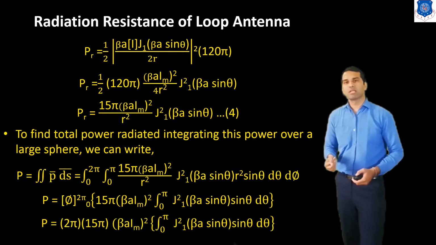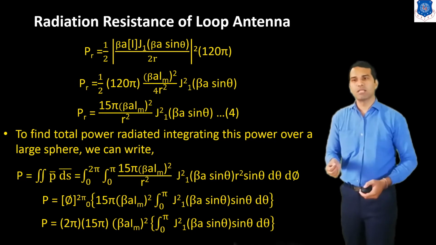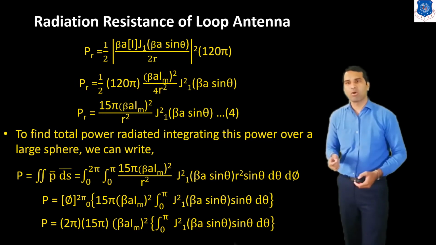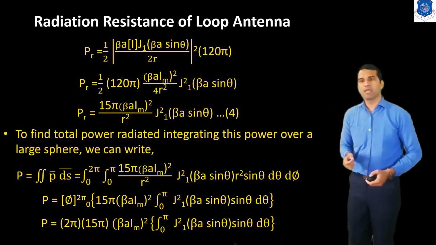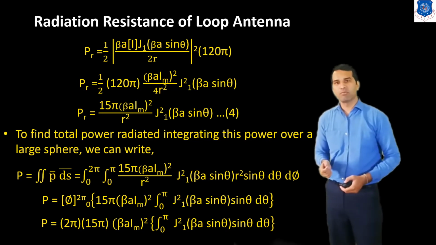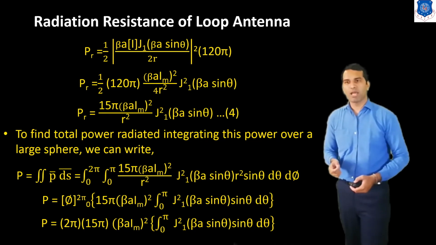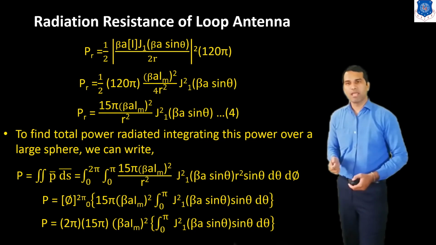The integral of d phi is phi, with limits 0 to 2 pi. We take the constant 15 pi beta A Im square outside, and we have the integration from 0 to pi of J1 beta A sin theta into d theta.